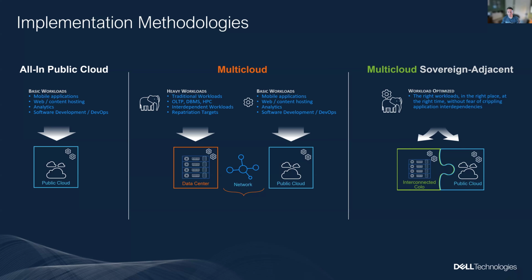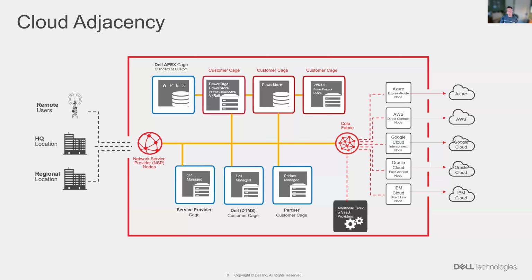Then we have sovereign adjacency. This is where we have the hyperscalers, then we have a colo, and I'll use Equinix as an example. You have a cage within a colo, and your equipment resides in the cage, yet you're still within the same four walls as the hyperscaler. Using this as an example, this is an Equinix data center. You may have a couple of cages in there.